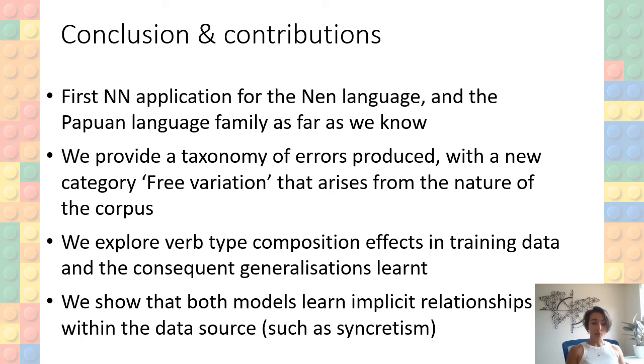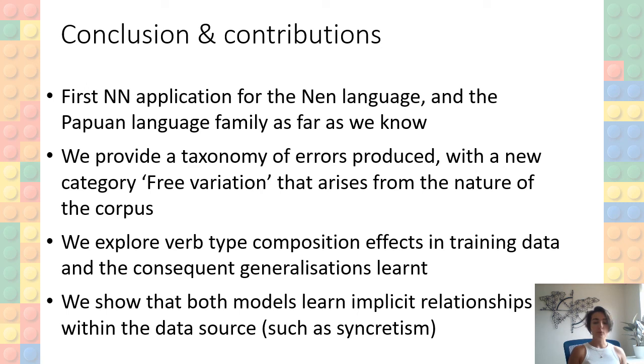We don't stop at just modeling the morphology, we also categorize the errors produced, and we added a new category, free variation, that arises from a naturalistic corpus, which is going to be more common for those doing language documentation. We explore the verb type composition effects in training data and the consequent generalizations learned, and that's just trying to understand the effects of training data and what is actually being learned.